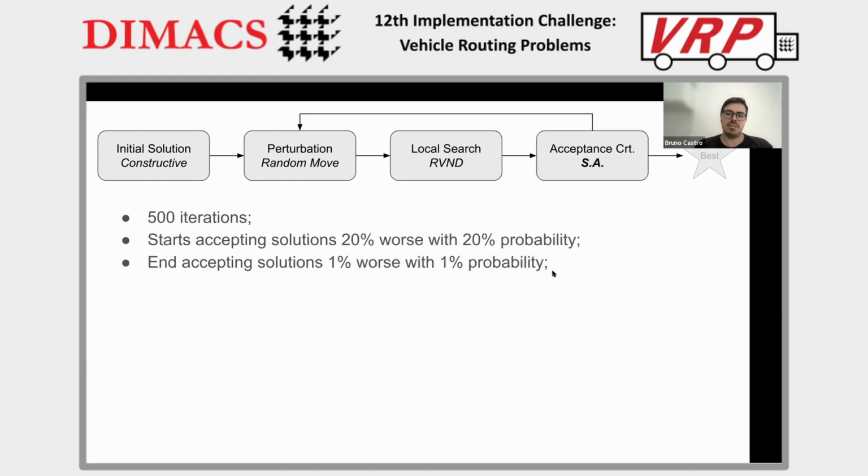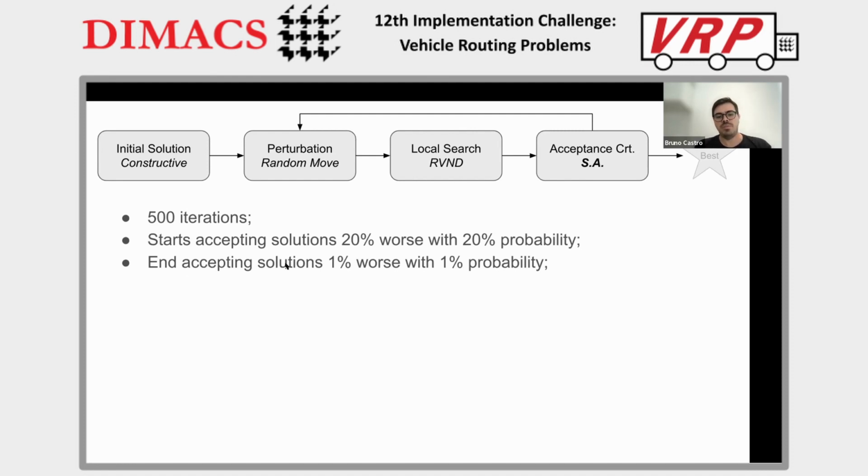Finally, the acceptance criteria, we are doing the simulated annealing. And we choose initial and final temperatures, and the rate to decrease the temperature, in a way that we can run this 500 times.